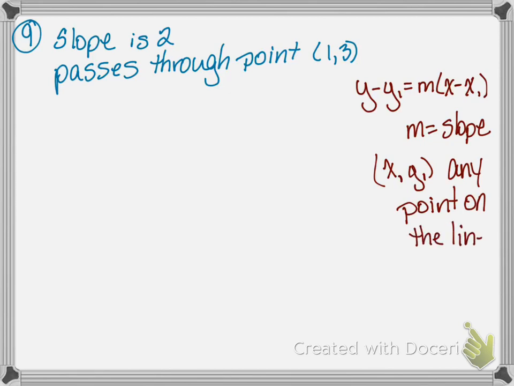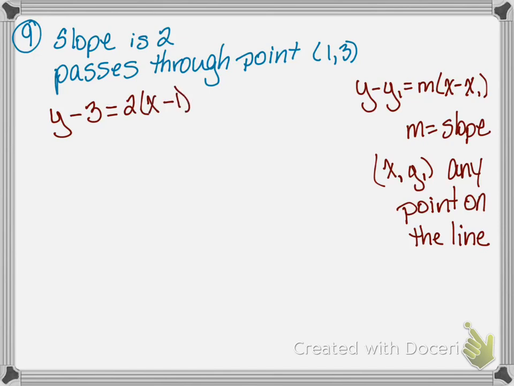Okay, it's any point on a line. So I am told that my slope is 2, and that my line passes through the point 1, 3. So I'm going to have y minus 3 equals 2 times x minus 1.